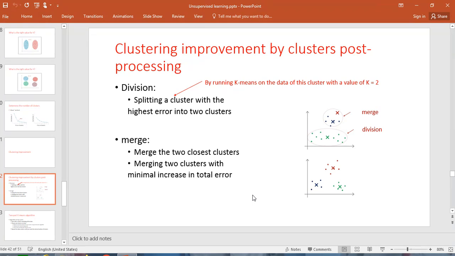The next step is the integration step. Here, we calculate the distance of the clusters 2 by 2. Every time we divide, the number of clusters increases. This value is fixed, so we have to do this division step and integration step, merging step, actually one after the other.